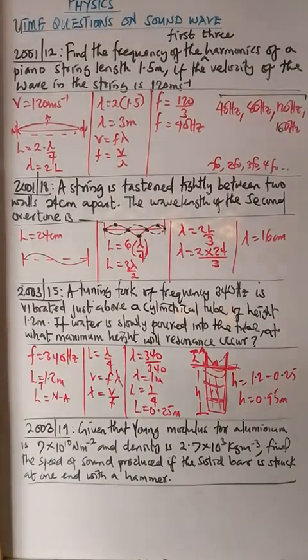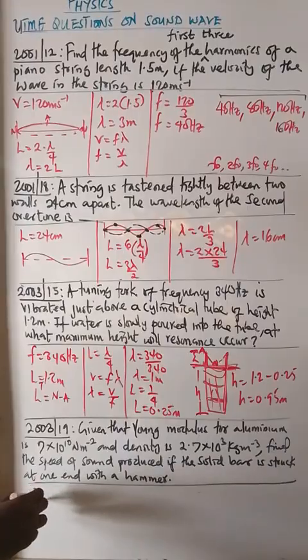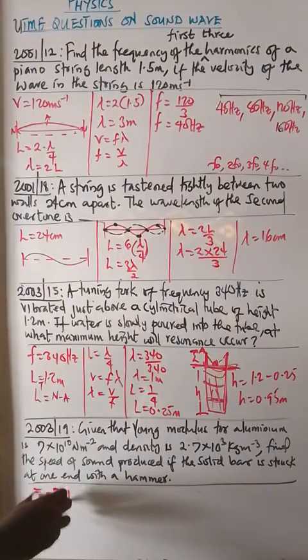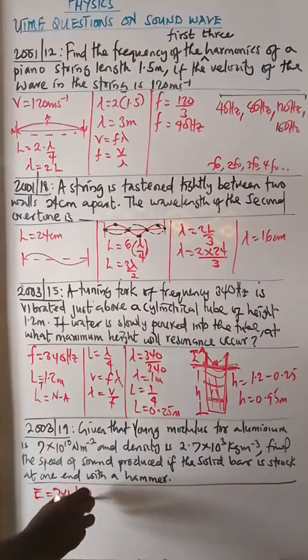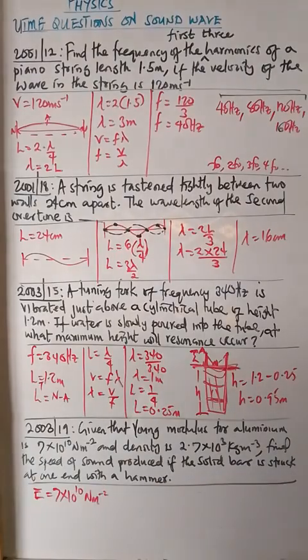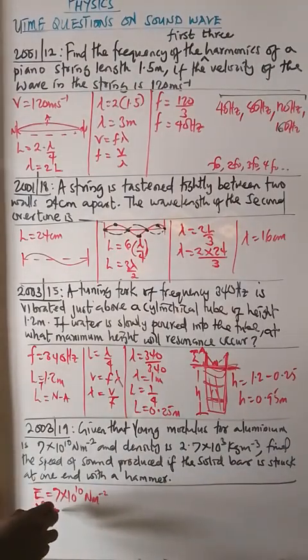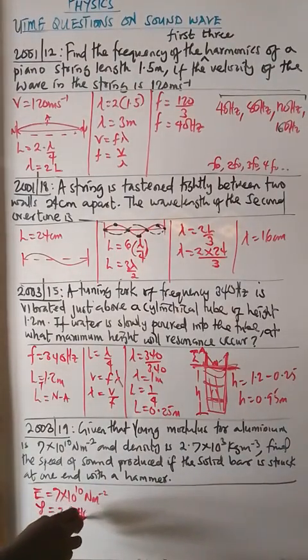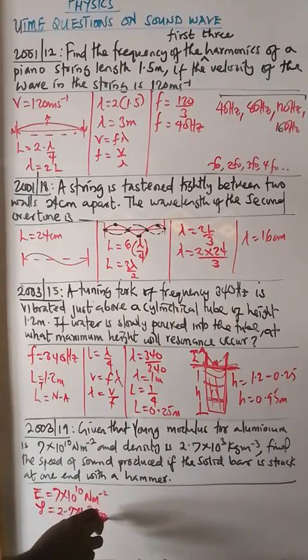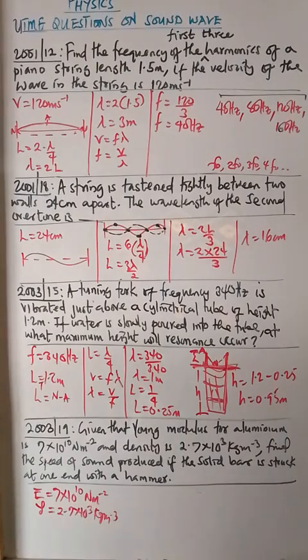Okay, next question. Given that Young modulus for aluminium is 7 times 10 to the power 10, and density of aluminium is 2.7 times 10 to the power 3 kilogram per meter cube, find the speed of sound produced if the solid aluminum bar is struck at one end.